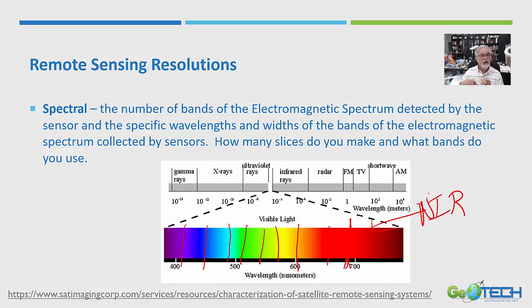So we go from 3 bands, and then if we add near infrared, 4 bands, to maybe having 8 or 10 bands, and therefore we have what we call multi-spectral, and we can understand what's going on with the reflectance and the re-emitted light much better.